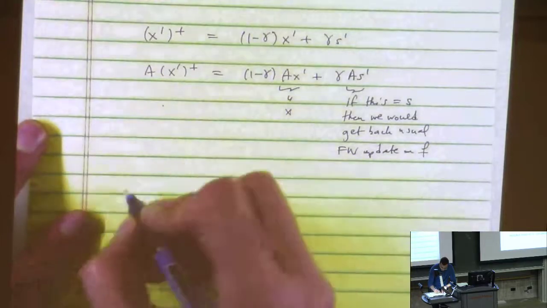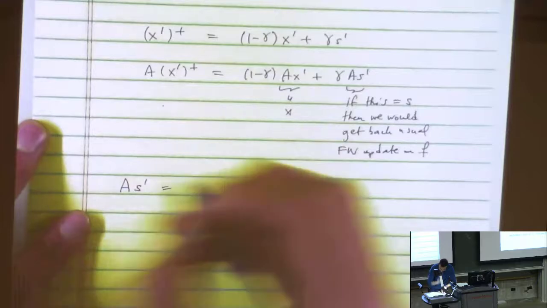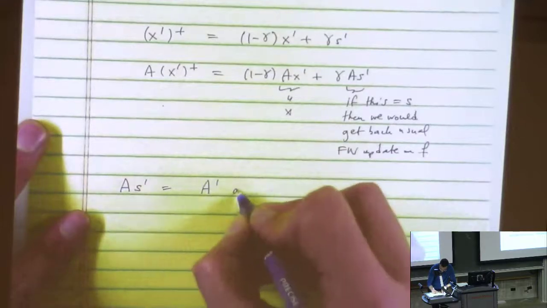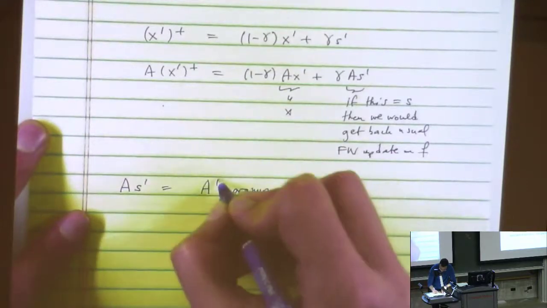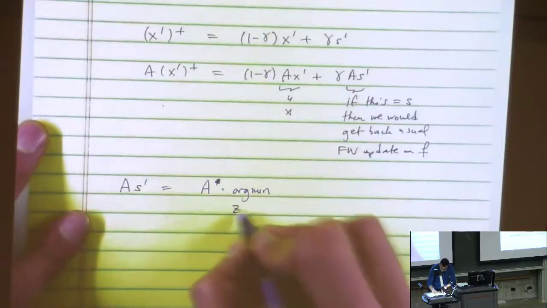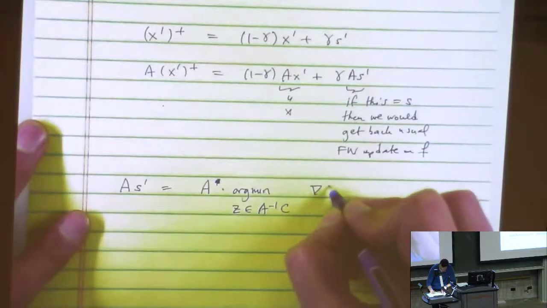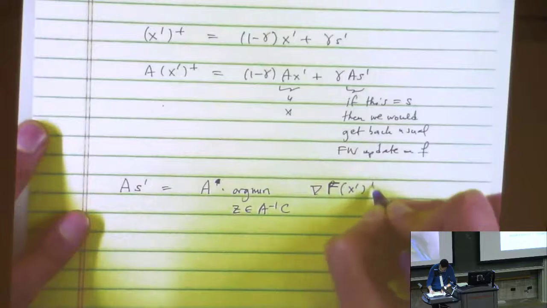I multiply by A, gives me the same Frank-Wolfe update I would have gotten on little f. So A times s prime is A times the minimizer over all z in A inverse C of the gradient of F at x prime, transpose z.